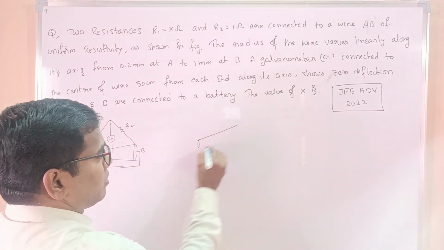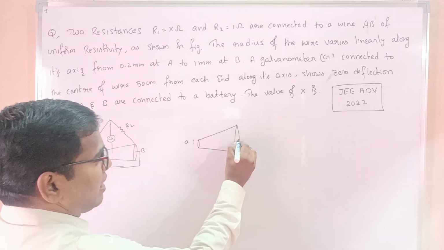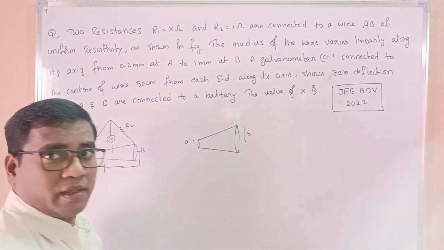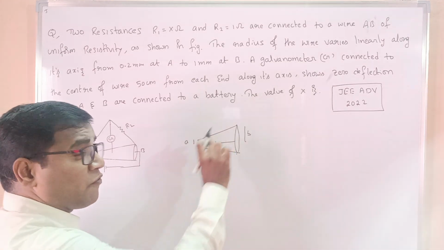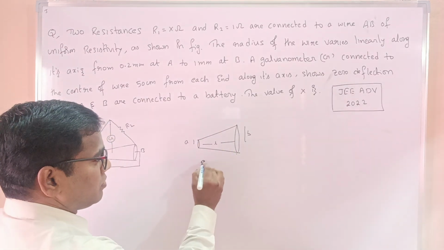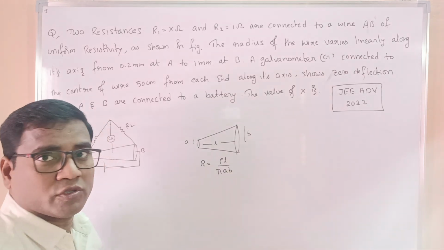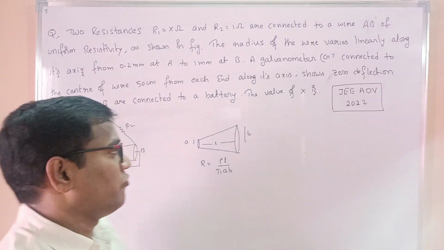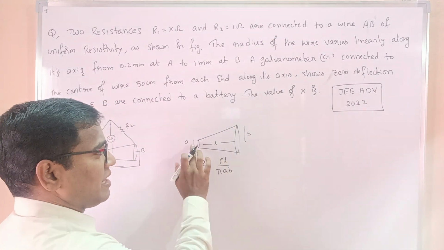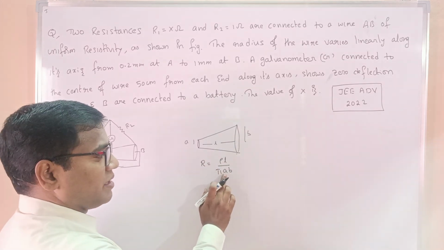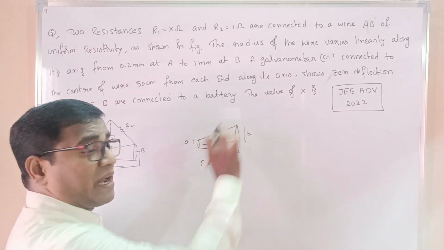When the wire has radius A at one end and B at the other, and length L, the resistance offered by the wire is R equal to rho L by pi A B, where rho is resistivity, L is the length of the conductor, and A and B are the radii at the starting point and ending point.